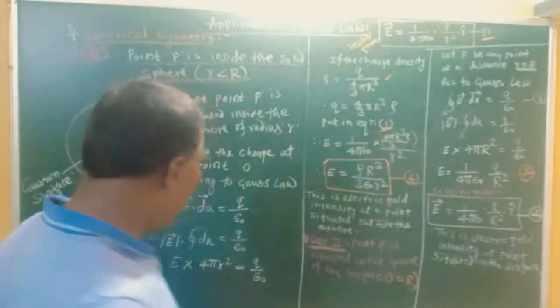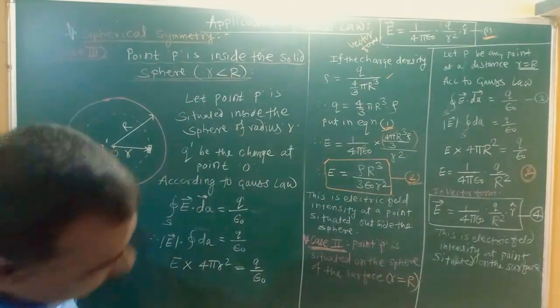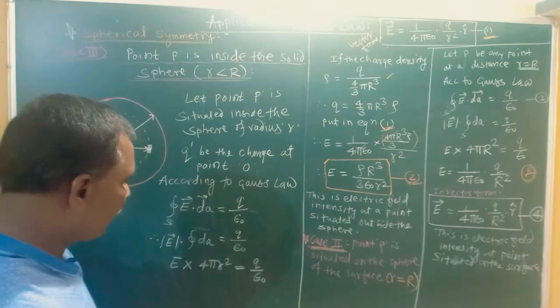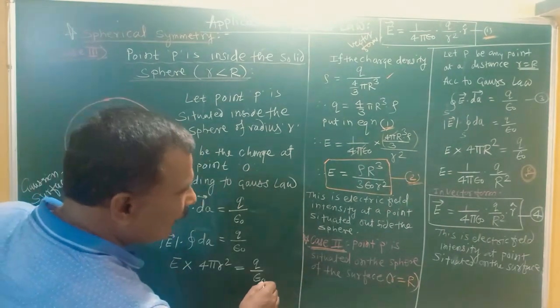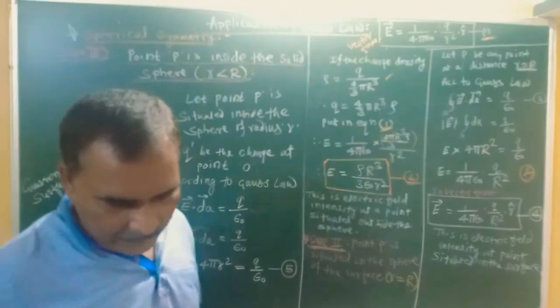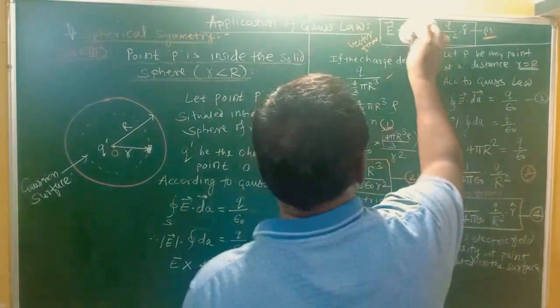This is equation number 5. After that we consider the charge density.